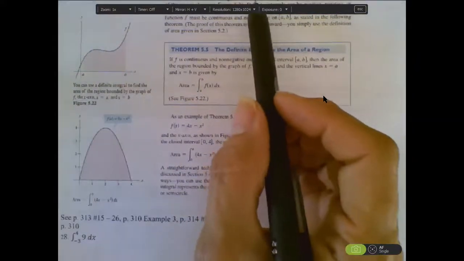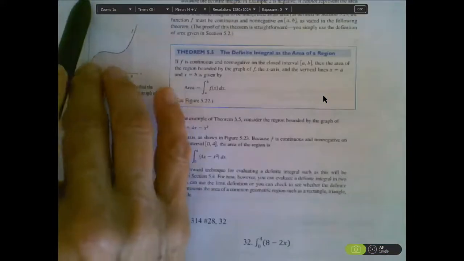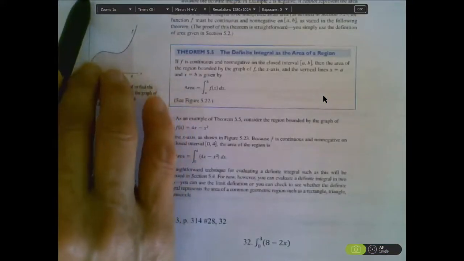I don't have that example 2 with me. Oh, that's why I said see page 309. I don't have page 309 with me.